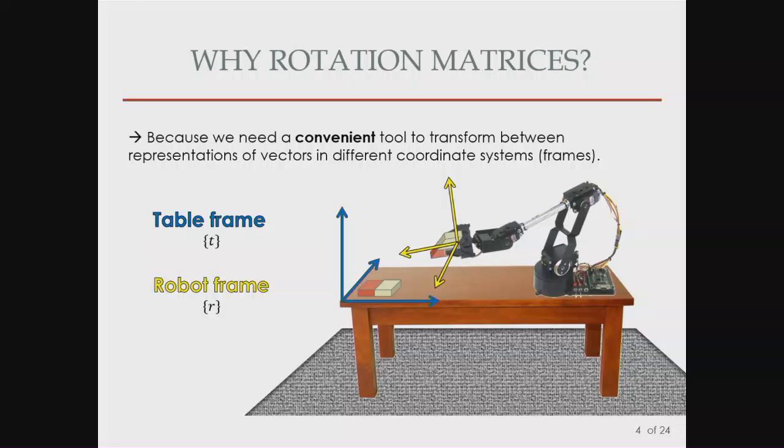So we need this dictionary, which is in a form of rotation matrix, and this is what we are constructing here. We are constructing a rotation matrix that would do that job of translating the representation of a vector in one coordinate system to its representation in another coordinate system.